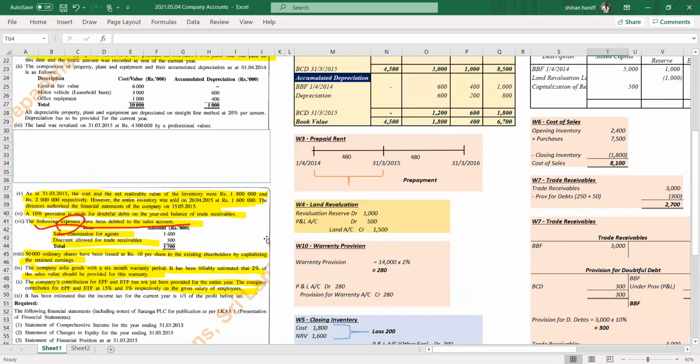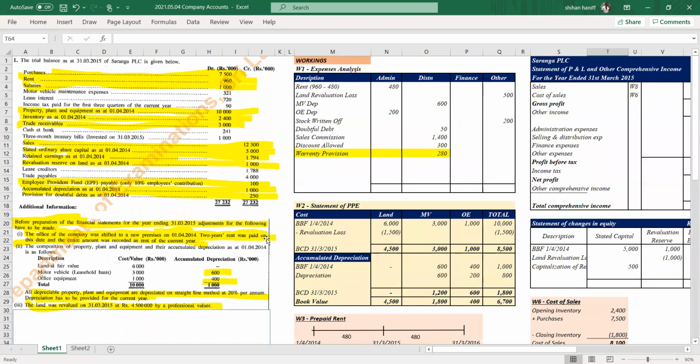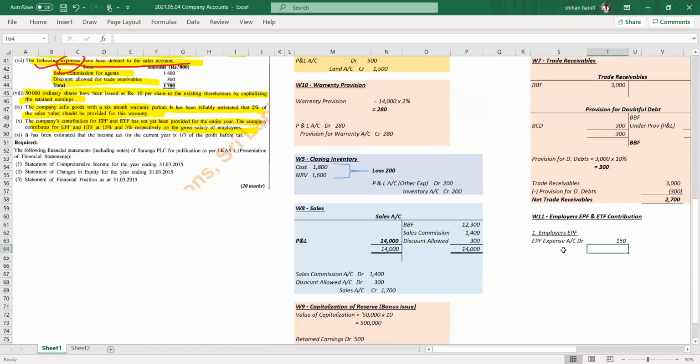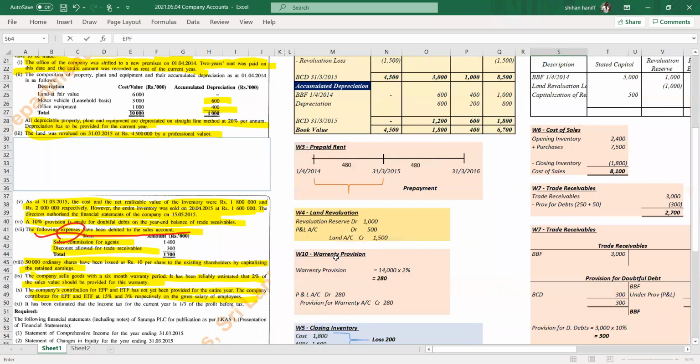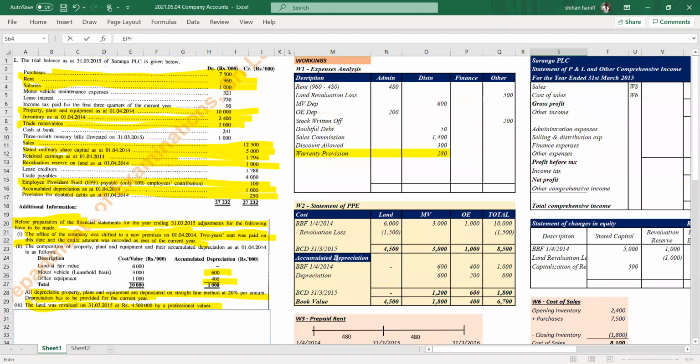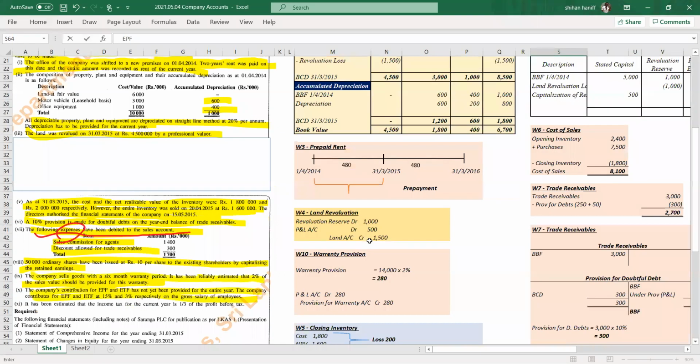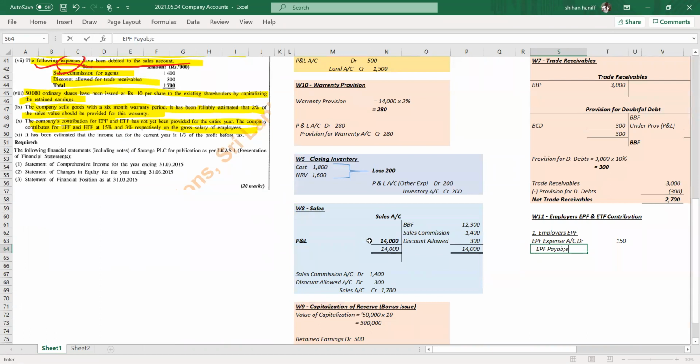Right, 1,000 into 15% is 150. And EPF payable account credit.